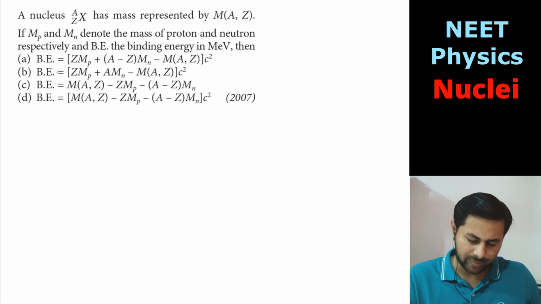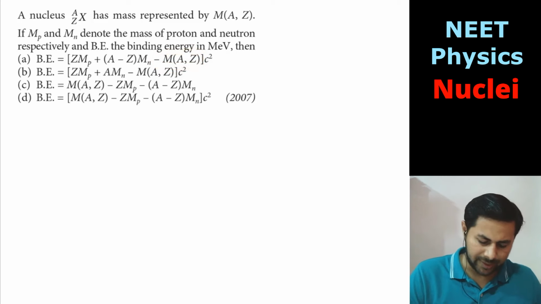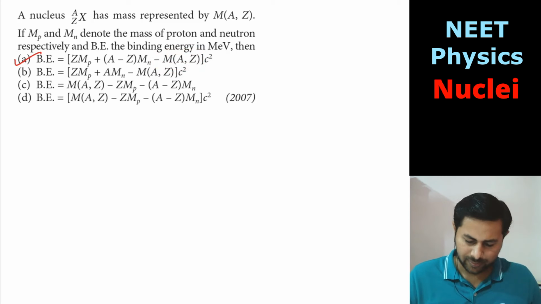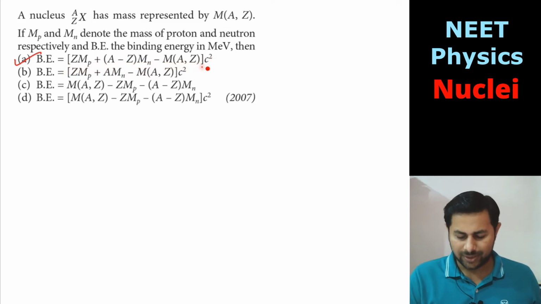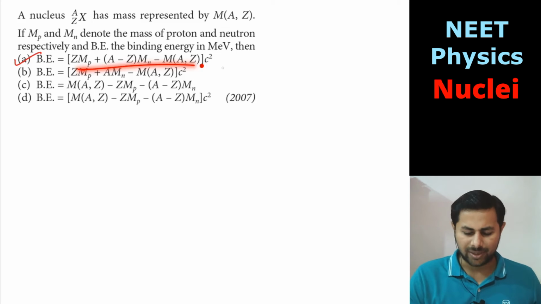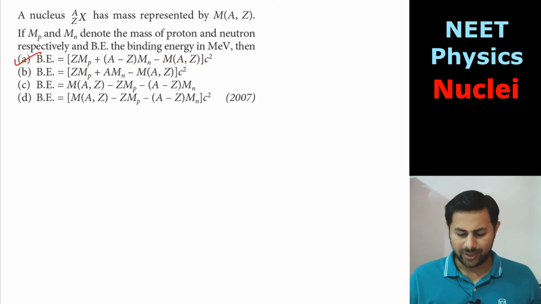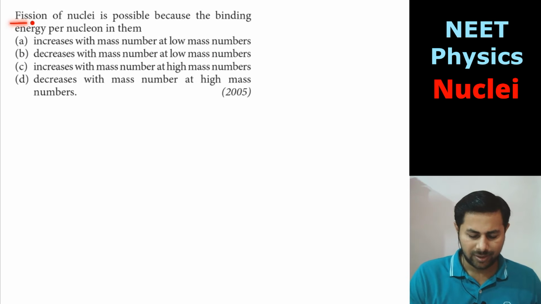It should be Z into mass of proton plus A minus Z into mass of neutron minus the mass of, yeah, that option A itself is correct. So at least this one is a direct question, right? Binding energy is delta M into C square. This is a direct question. Okay, good. Let's see next one.